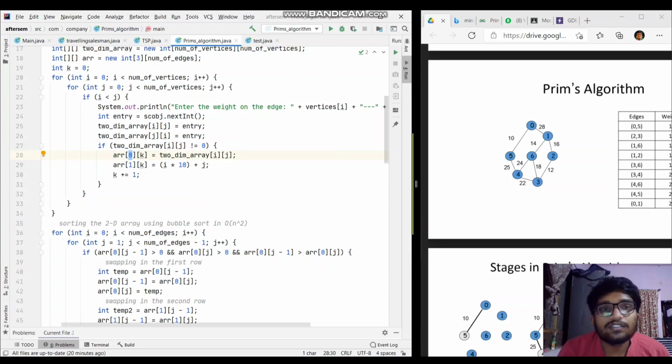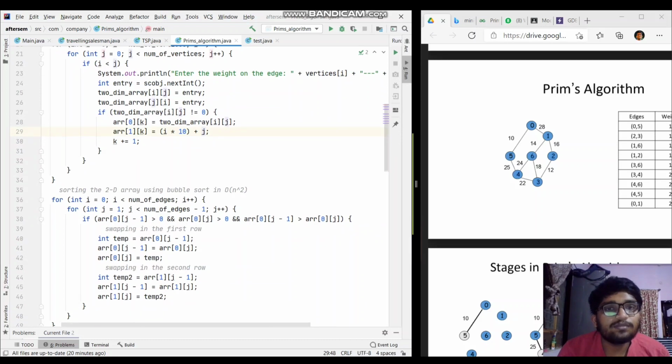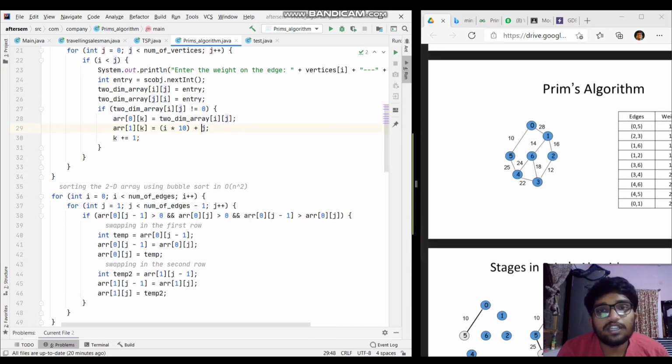We just have to store 5 and 2 as a single integer value. So 5 into 10 becomes 50, plus 2 is 52. That will be used later for further processing. So in the next row we'll have 5 and 2 as the corresponding vertices. That is all for taking input from the user.